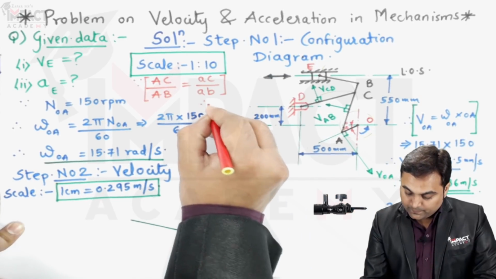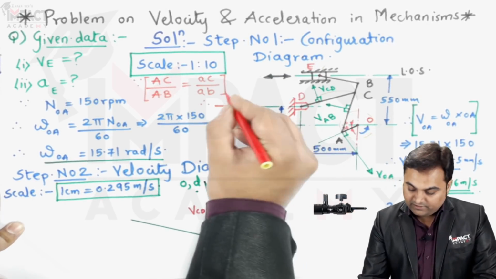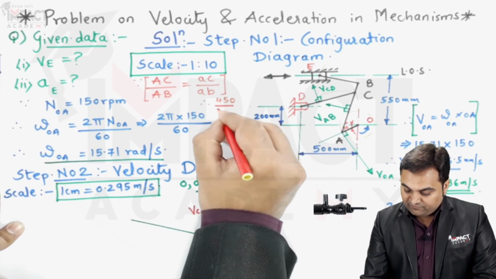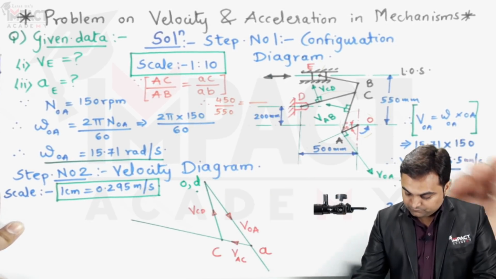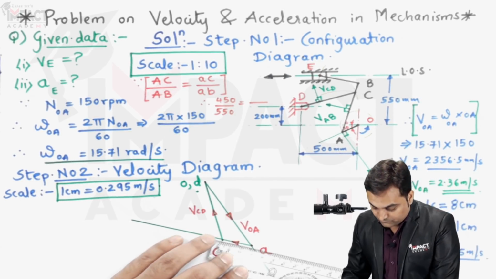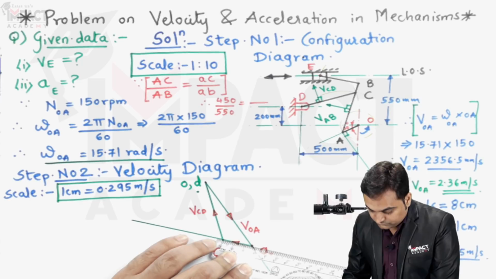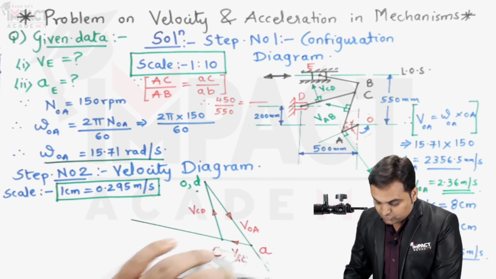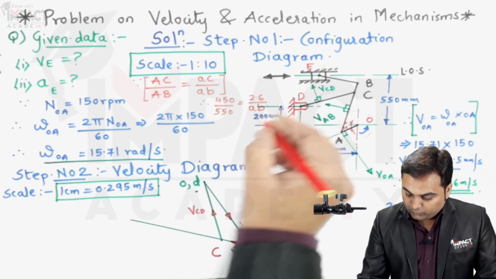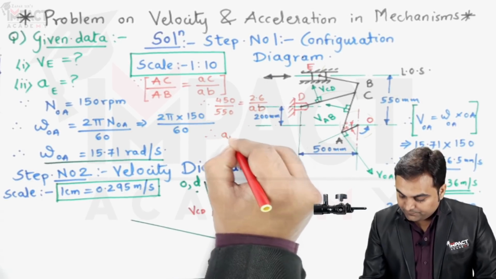So therefore capital AC is given as 450 mm, capital AB is 550, small AC I am going to measure it over here. It is 2.6 centimeters. So small AB would be calculated from here.